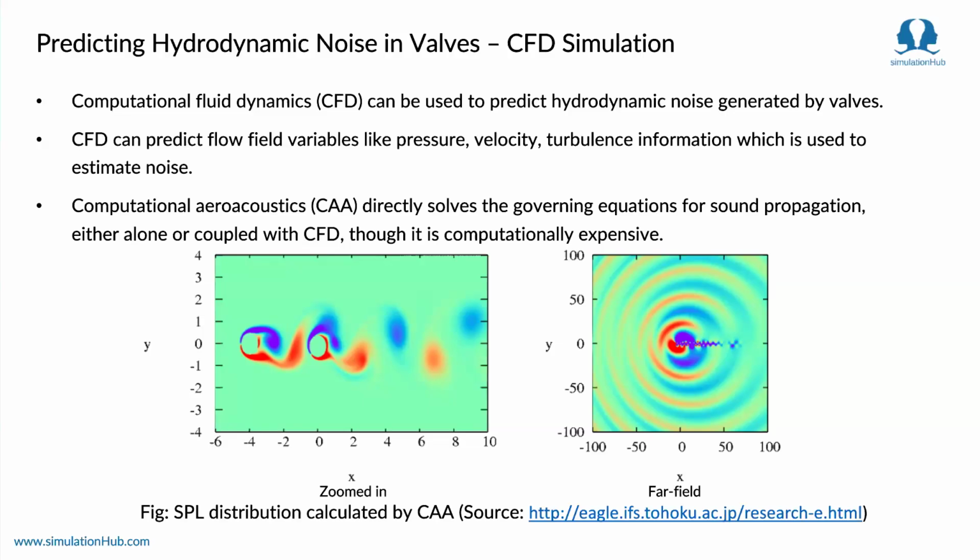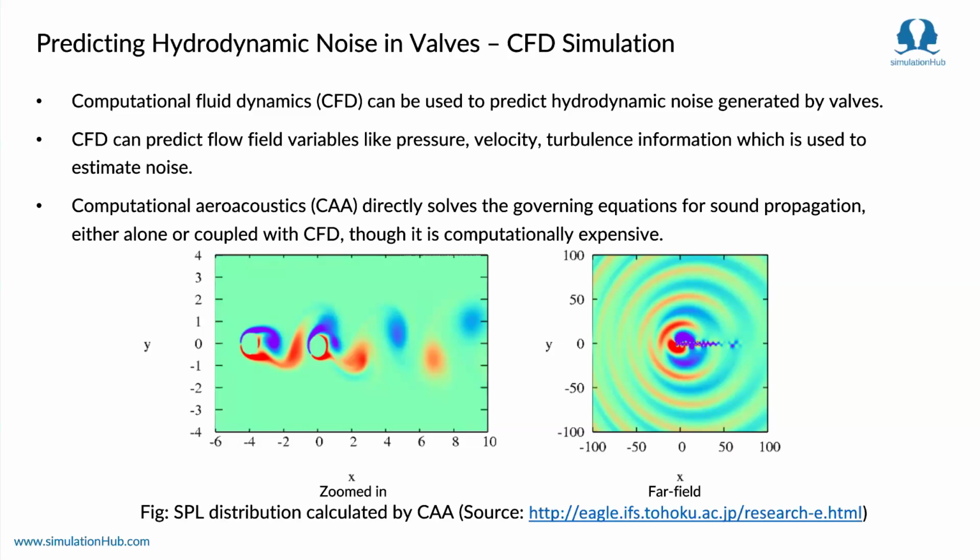computational aeroacoustics. This is one of the most complex ways you can predict noise. In this method, the dependence on computational resources, computational hardware, and time is pretty extensive, because we are resolving a whole range of frequencies, and complex fluid phenomena are captured.